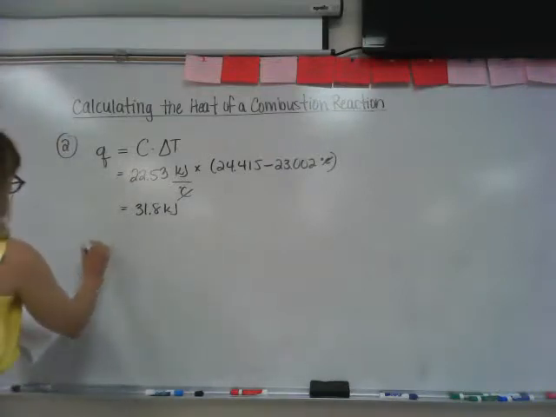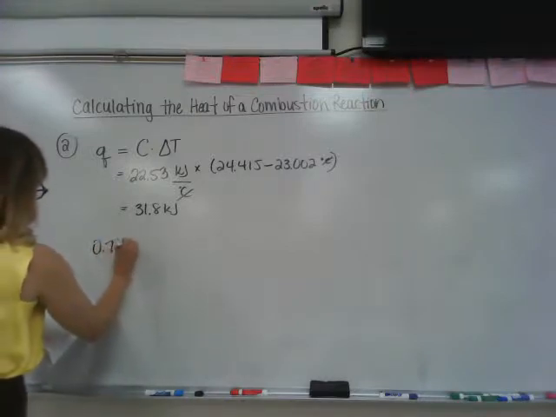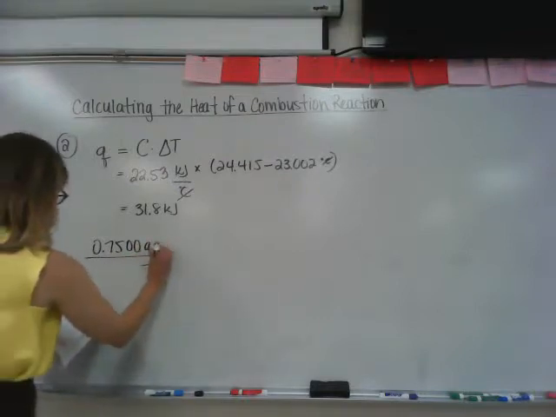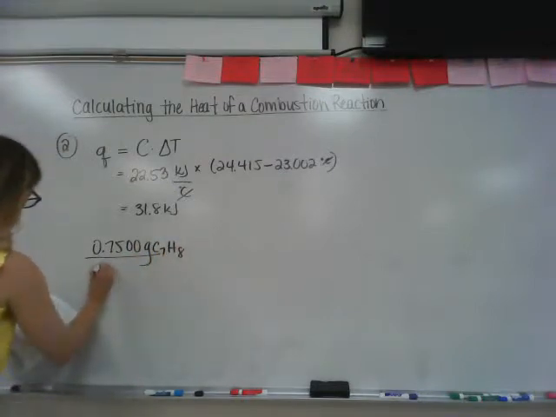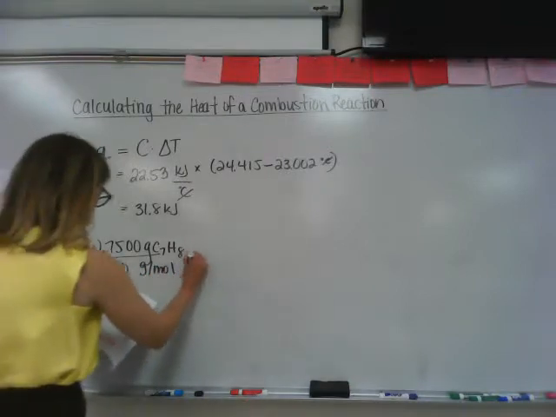Now, take the mass of your toluene, we're going to convert it to grams. Let's divide it by the molar mass of toluene, which is about 92 grams per mole, so we can convert this to moles.